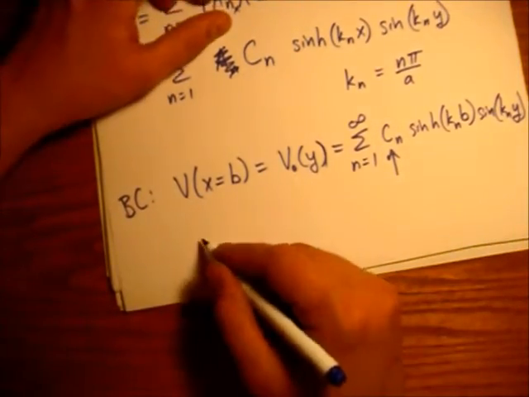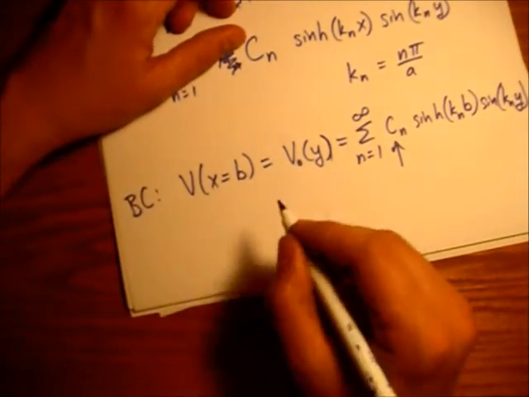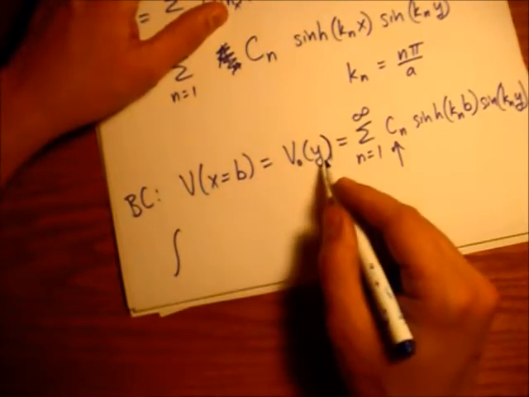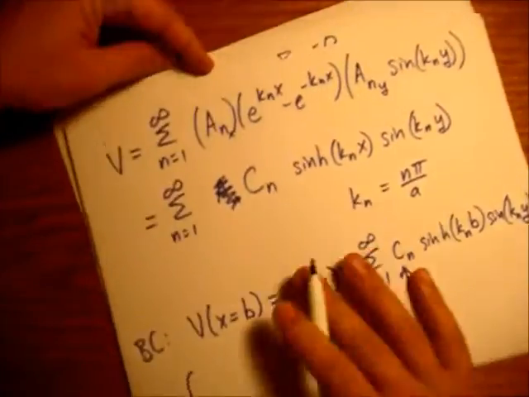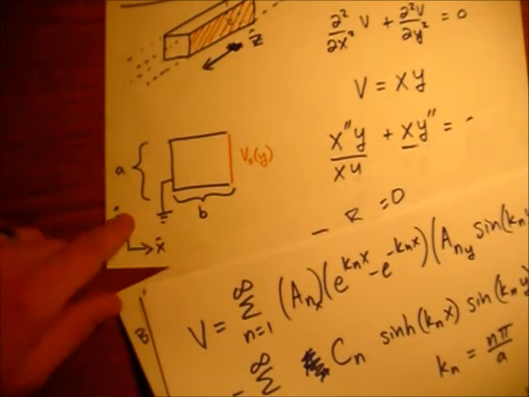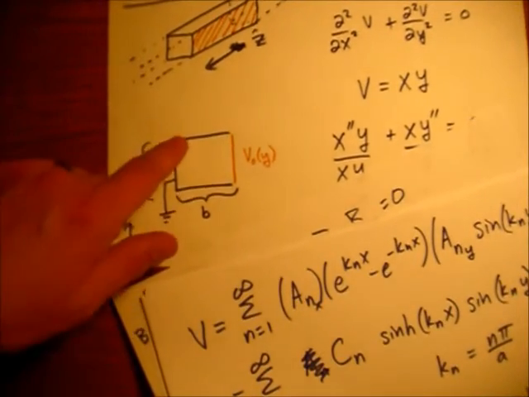So let's just write it out and maybe it'll make more sense. I'm going to be integrating in the y direction, and we're only talking about from 0 to a.